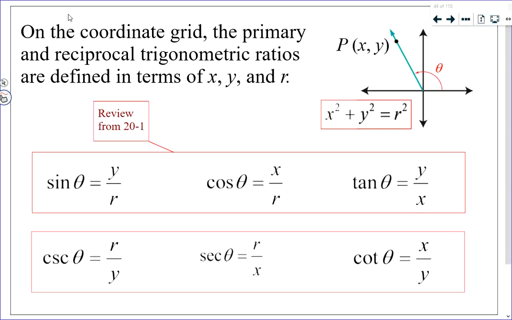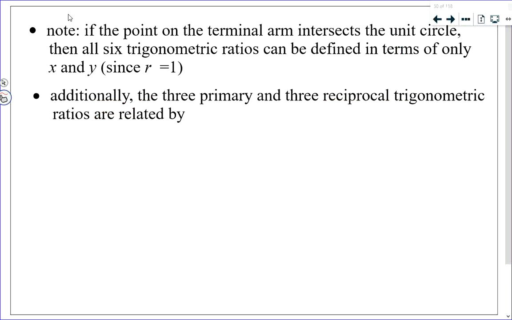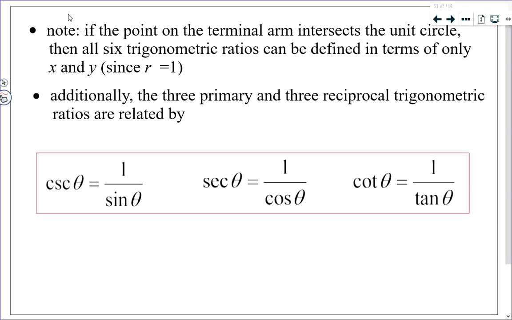If r happens to be 1 because it's intersecting the unit circle, then all of these r's on the screen become 1. So sine of theta simply becomes y. Cos of theta simply becomes x. Cosecant of theta becomes 1 over y. Secant of theta becomes 1 over x. That's all I'm saying at the top of this screen. And by the way, again, these 3 reciprocal trig ratios are connected to the 3 primary trig ratios by those equations, which are on your formula sheet.